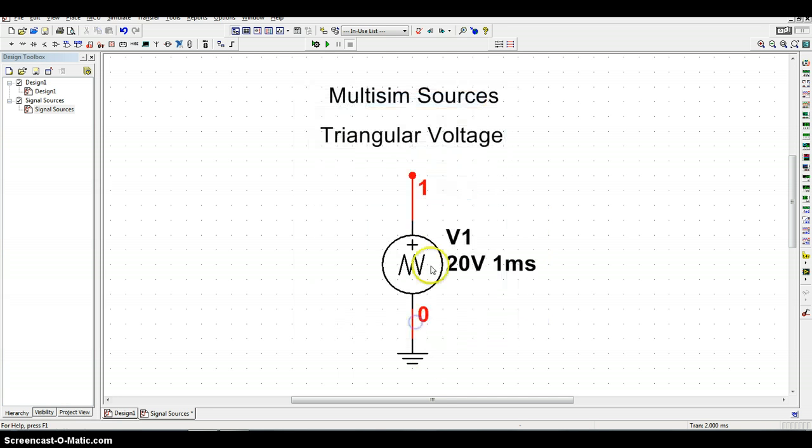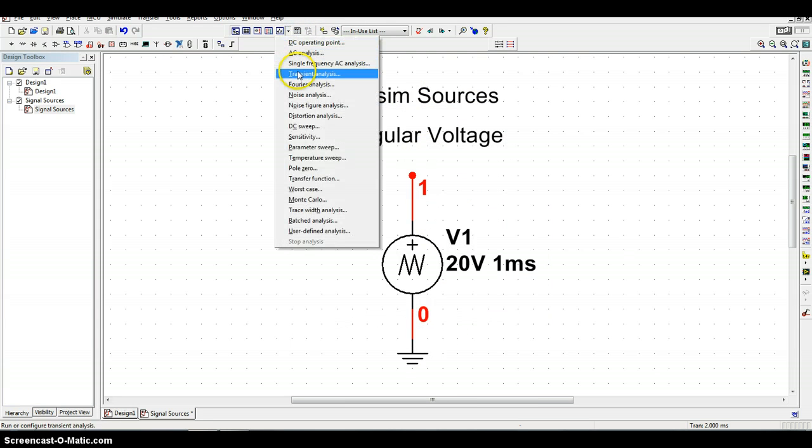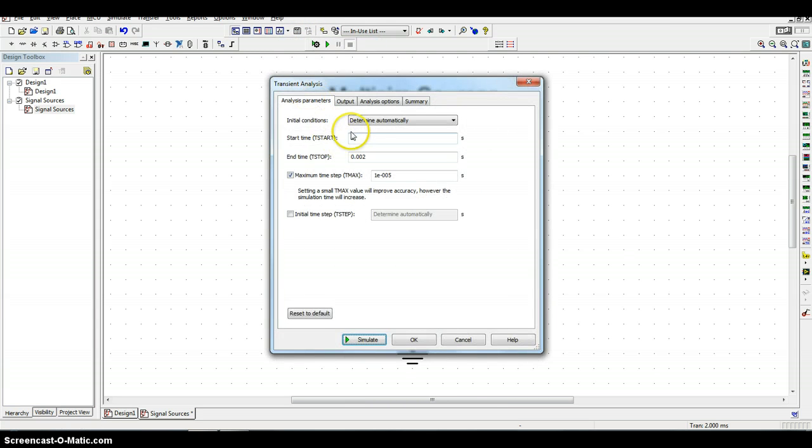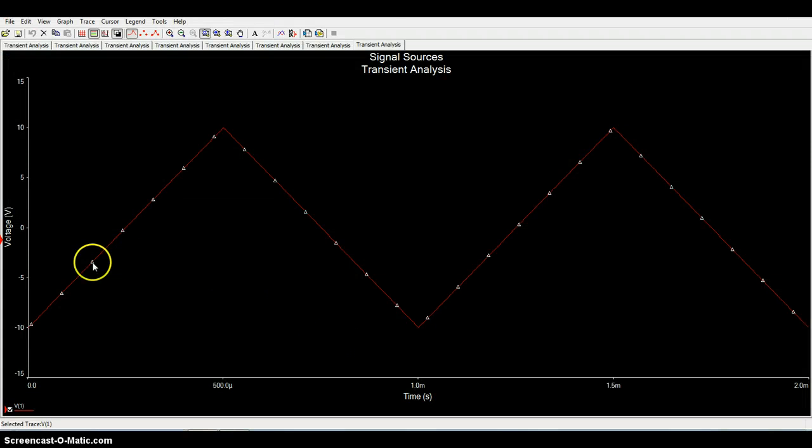So I click OK, and I go back to transient analysis and hit simulate again, and I have the triangular waveform. It is now oscillating from -10 to +10, meaning it has a DC component of 0. So that is the triangular voltage. You can also convert it into a sawtooth voltage by adjusting the parameters.